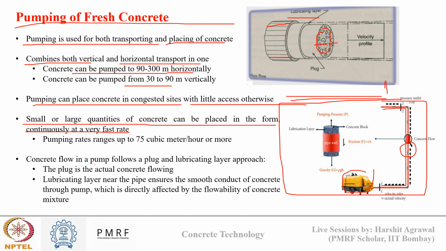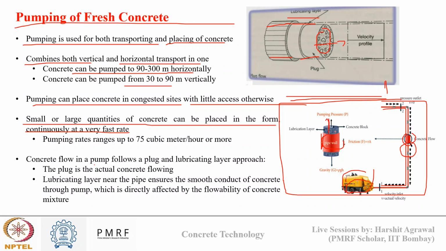This is the actual concrete flowing, and this lubricating layer that is created on the side ensures smooth conduct of concrete through the pump, which directly affects the flowability of my concrete mix. So you can see here in between, there is a pipe, there will be a lubricating layer here, and there is a concrete block here.